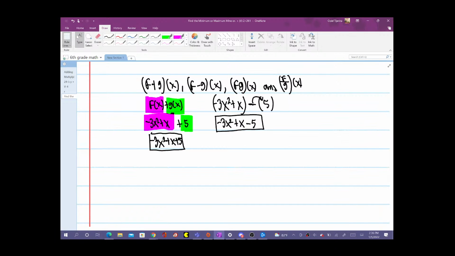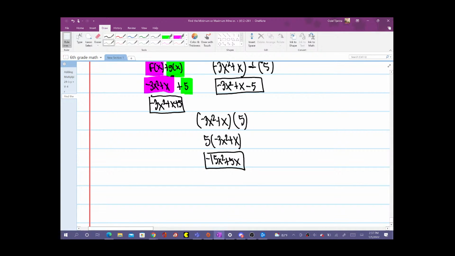F g of x, basically, you're just multiplying both of them. So you're going to say negative 3x squared plus x times 5, or you can say 5 times negative 3x squared plus x. This becomes equal to negative 15x squared plus 5x, right? So that's basically what f g of x is.